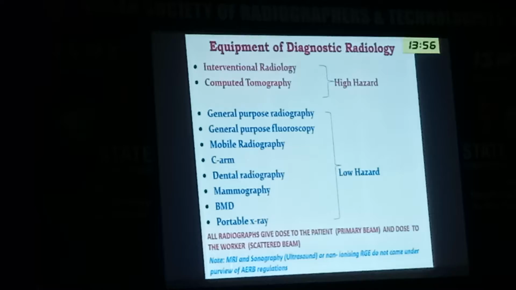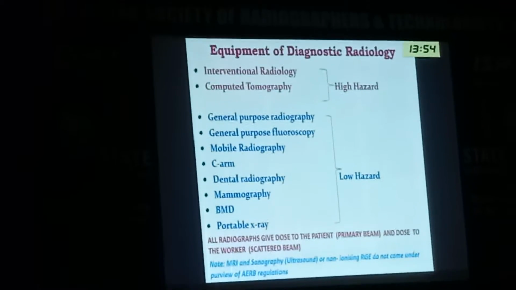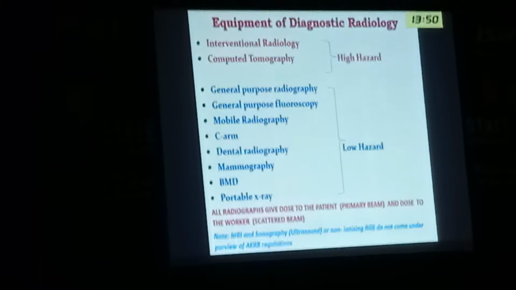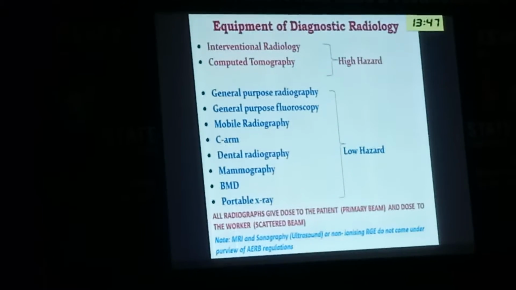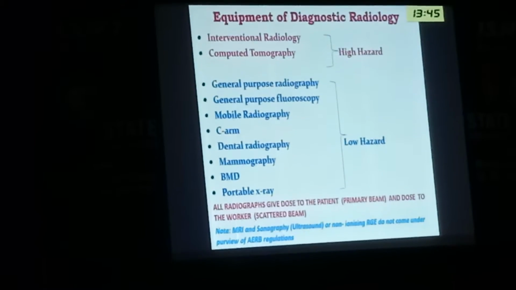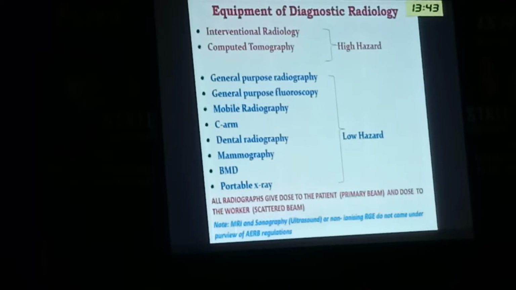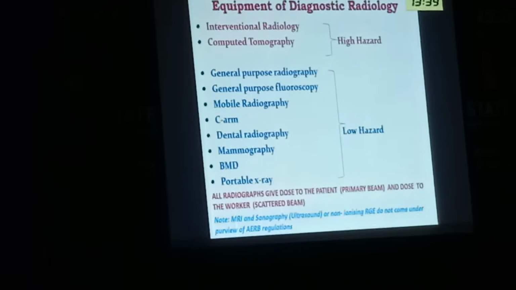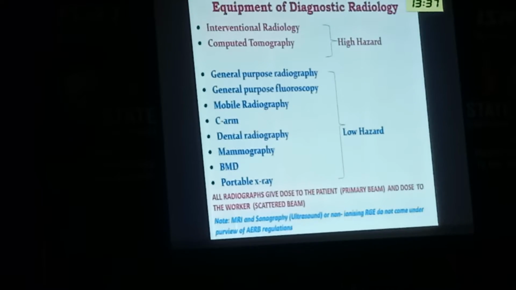These are the different types of equipment used in diagnostic radiology. Based on the amount of dose, or the severity it can create to the operator or user, we categorize them as high hazard or low hazard, and accordingly a graded approach is followed during regulation of this equipment.